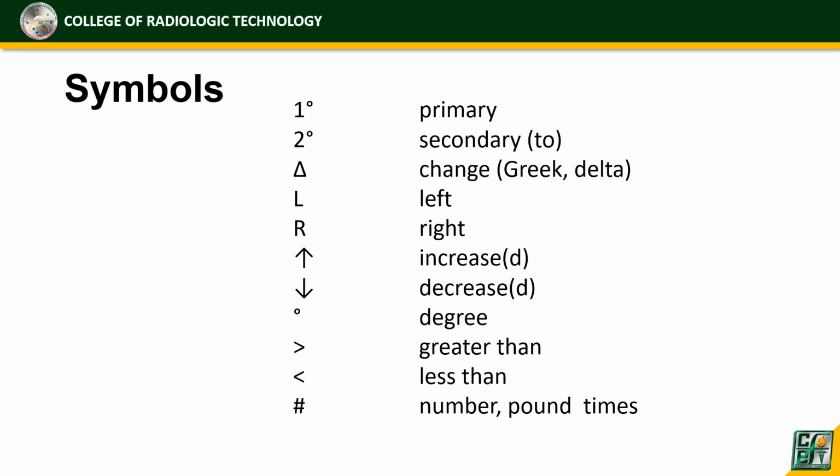Then capital letters L and R mean left and right, respectively. And then the arrow up, arrow down means increase or decrease, respectively. And then the symbol degree means degree, and then the symbols greater than, less than, and then the symbol of number or pound. Okay, so yan yung mga common symbols na ginagamit.